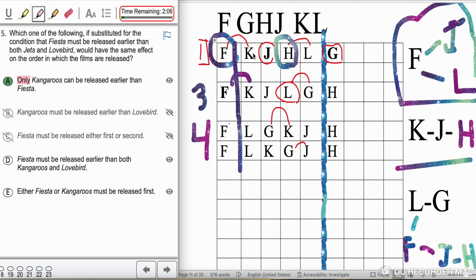That may work as well, but once again, it doesn't really establish the L position though. So no, either F or K must be released first. That is kind of what we see right now.